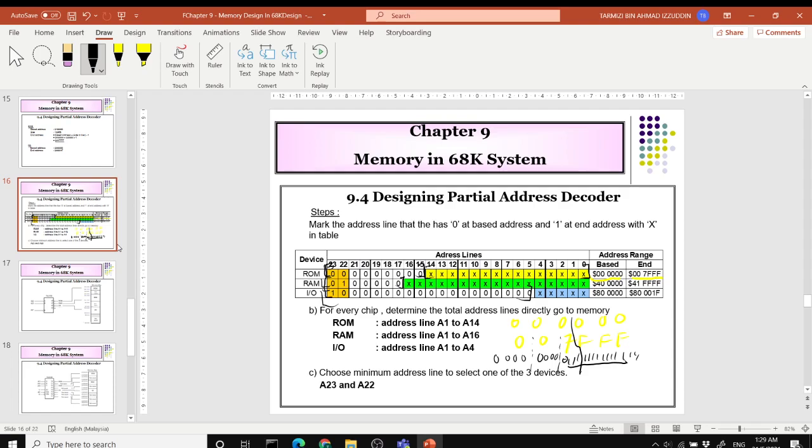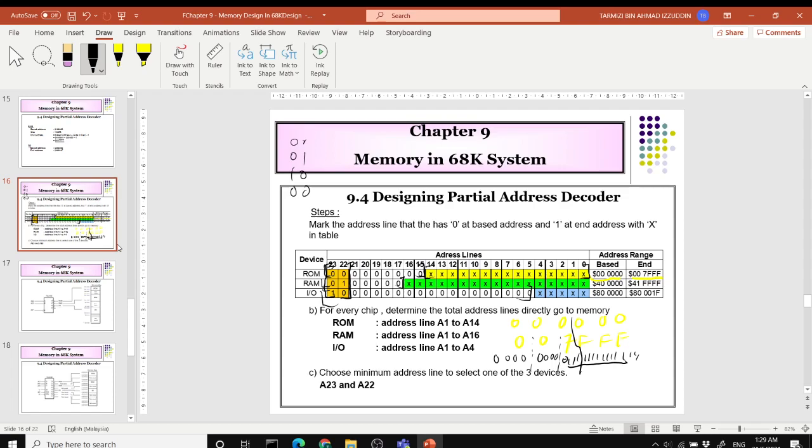We have 3 devices, so we need at least 2 bits, because with 2 bits you can have up to 4 different combinations: 00, 01, 10 and 11. We need only 3, hence we need at least 2 bits.